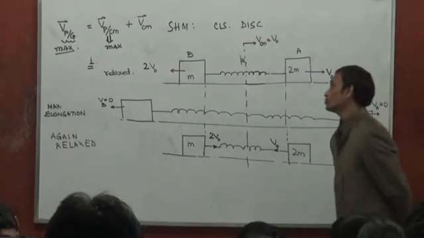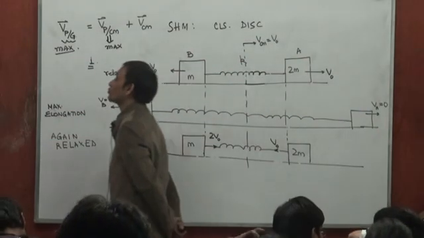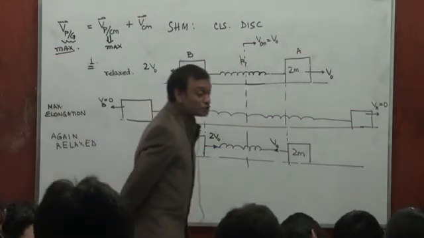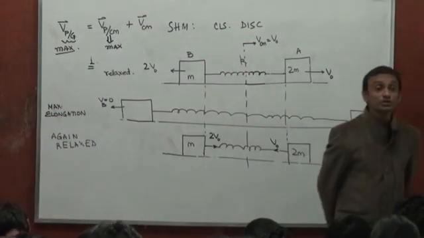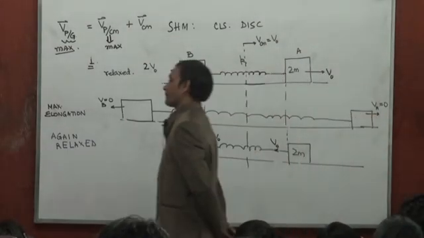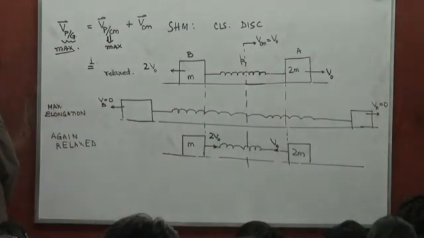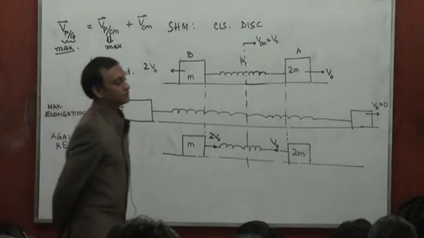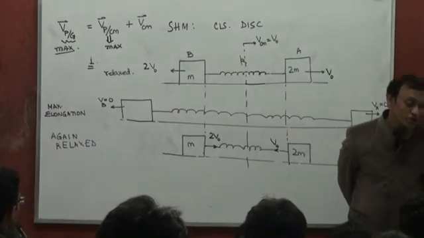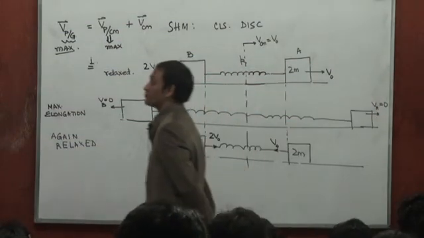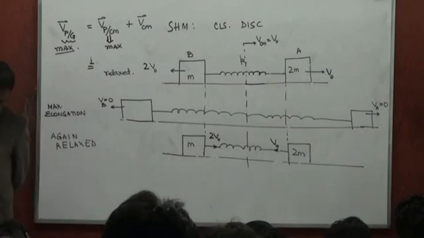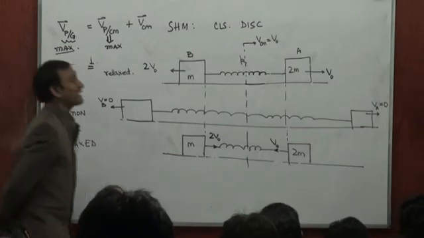Number two, the magnitude of the velocity of the particle in the center of mass frame must be a maximum.